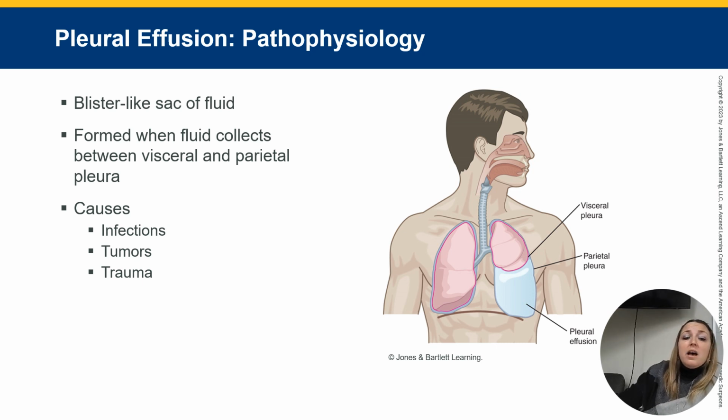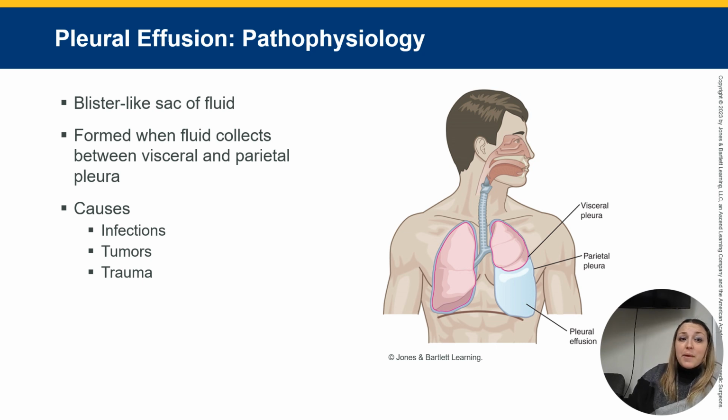Pleural effusion. So pleural effusion is basically a sac of fluid, similar to a blister, that's formed when fluid collects between the visceral and parietal pleura, the two outer layers of the lungs.